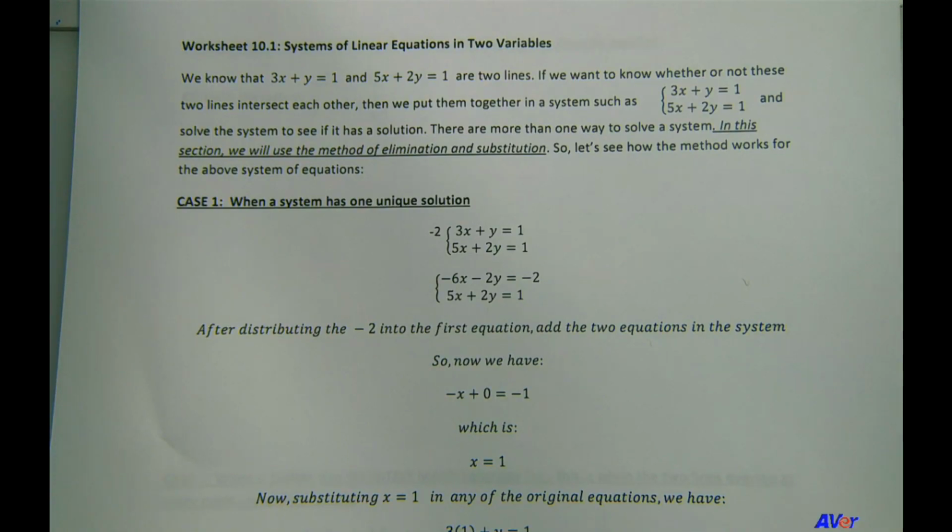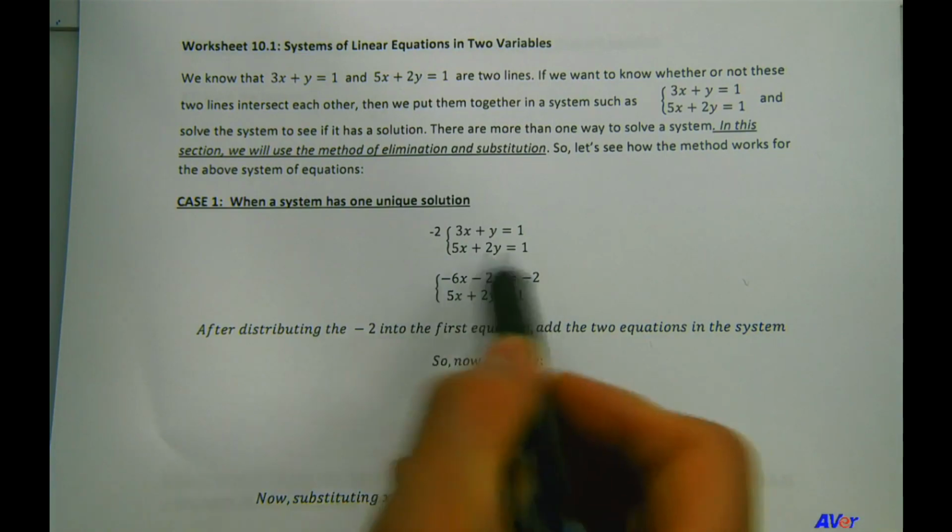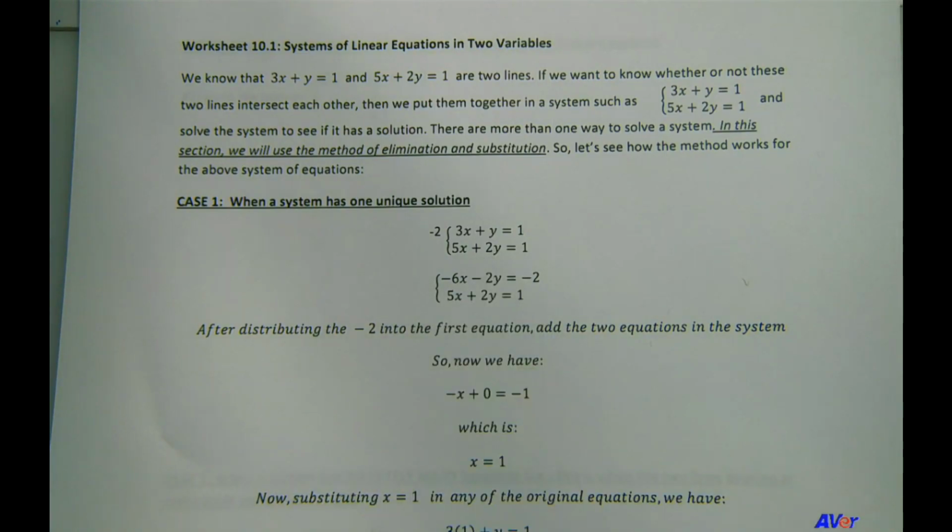Well, generally, if you have a small system like the one that you see on the screen, 3x plus y, then the method of elimination and substitution works just fine. But the bigger the systems are, particularly if you have a system of 4 equations and 4 unknowns and systems that are bigger, then elimination and substitution becomes very, very laborious.